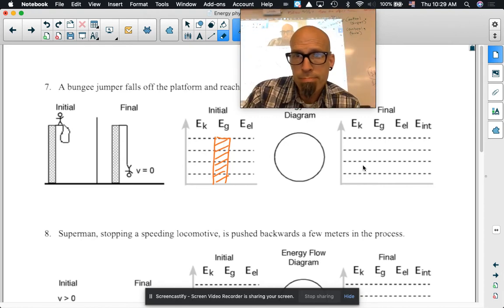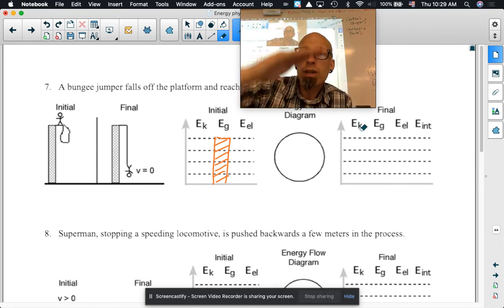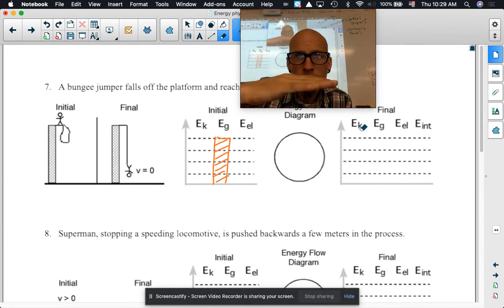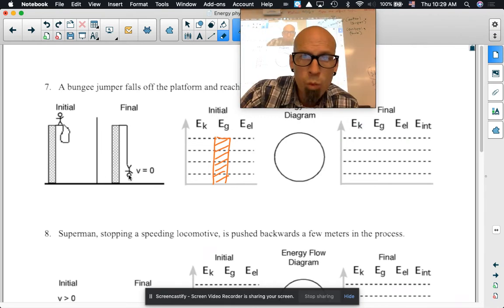Afterward, is the person moving? I would say no. When you've reached the limit of the bungee, you're done moving down, you stopped, and you're about to get pulled back up. It even says in the picture, V equals 0, no velocity.